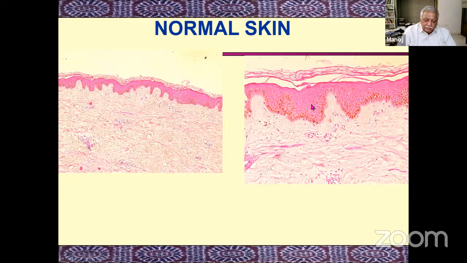A couple of terms which you might like to use. The epidermis and dermis are separated by a structure called the basement membrane, which we'll come back to later. Now, the epidermis consists of epidermal cells, naturally.